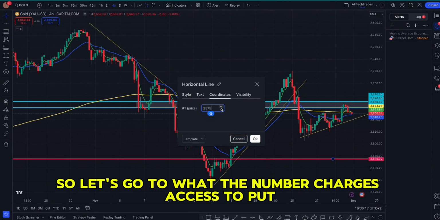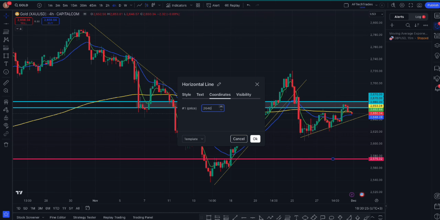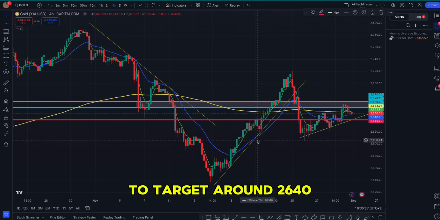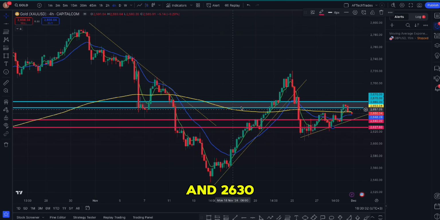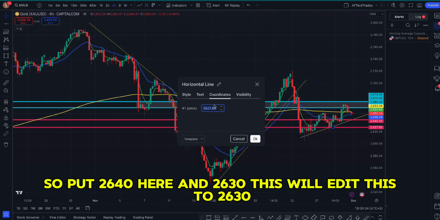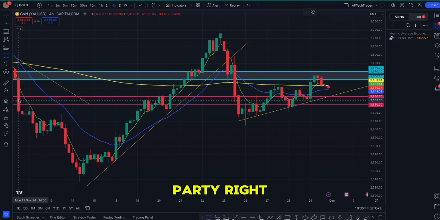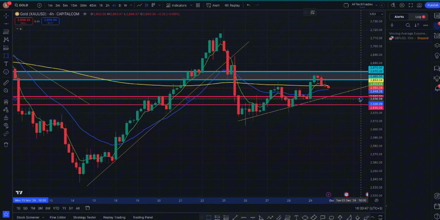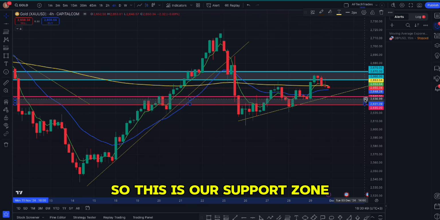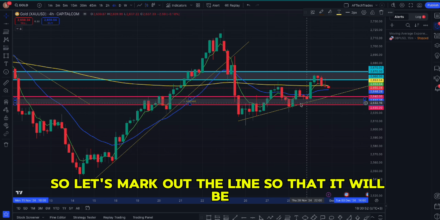It asks us to target around 2640 and 2630. So put 2640 here and 2630. So this is our support zone. Let's mark out the line and make it bolder.